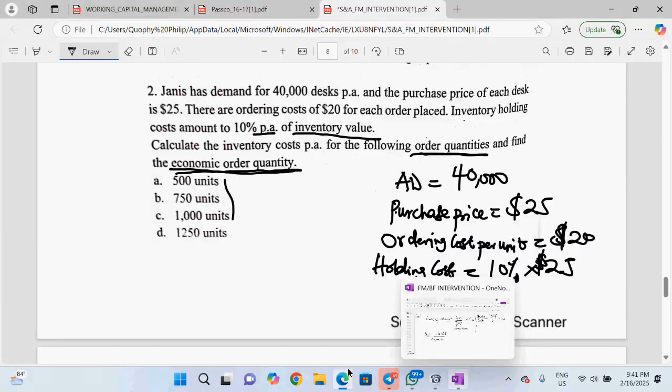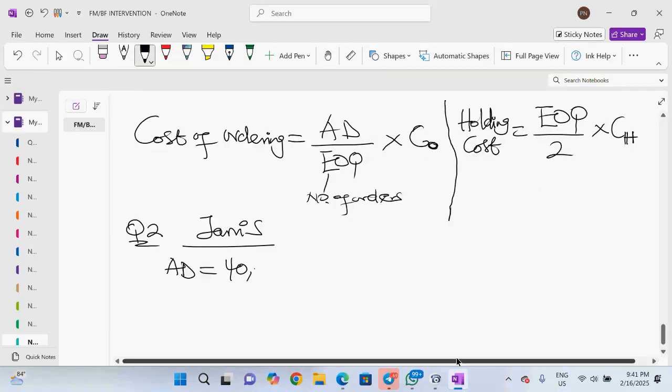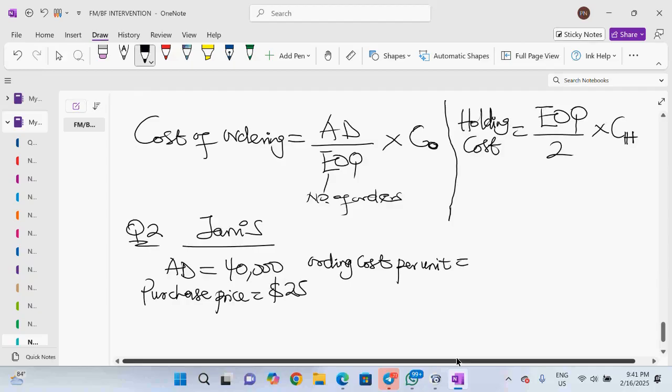Then the purchase price is $25. Ordering cost per unit is how much? $20.